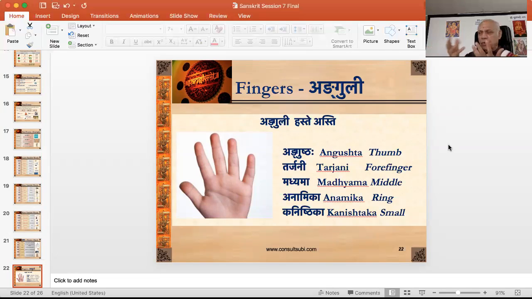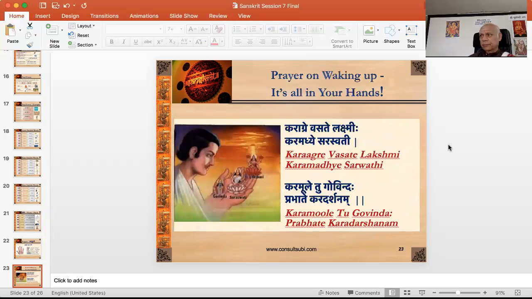That is how you do the rituals, and you invoke the various deities in your fingers and other parts of the body. Of course, Nyasam is a very involved one. So you now know the names of all the 5 fingers. Okay, having known that, let's go further.